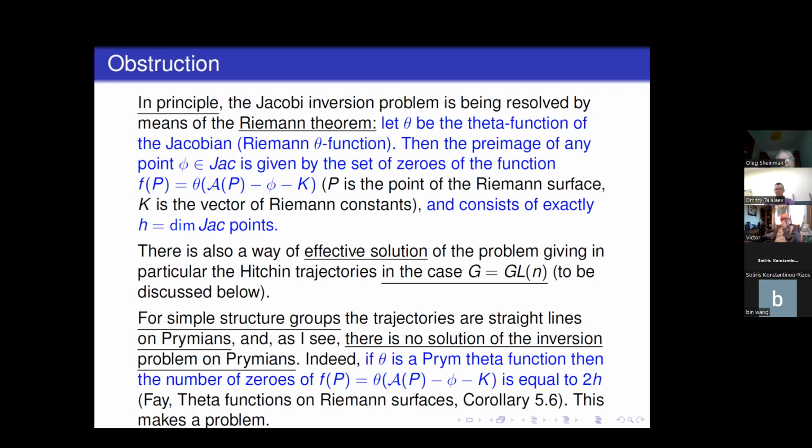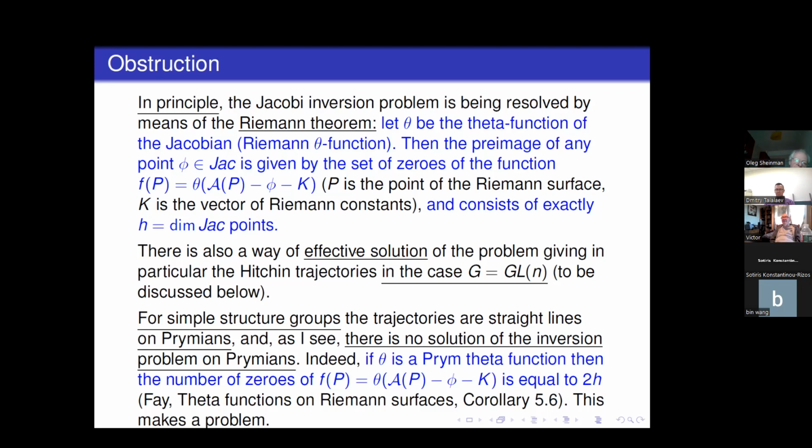But the solution in the original coordinates x, y, lambda should consist of h points.